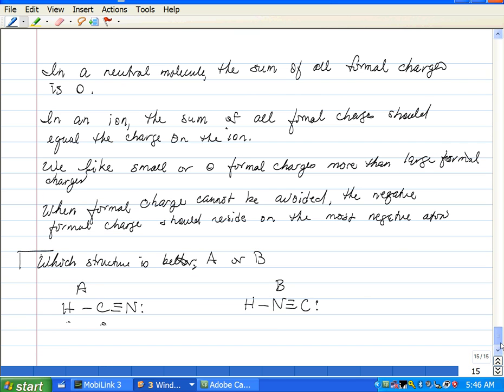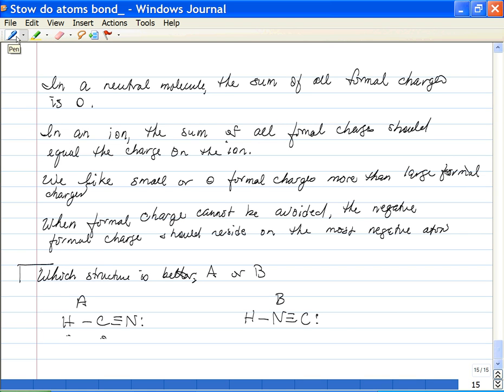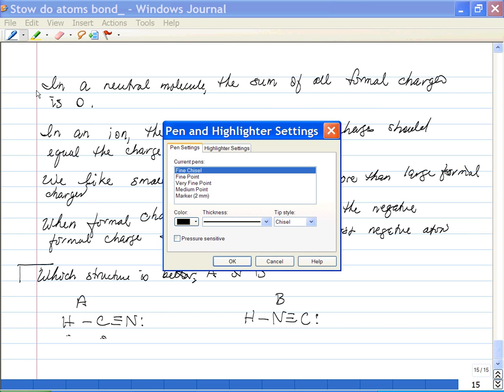Okay. So formal charge for hydrogen in this one: one valence electron, right? It has no non-bonding electrons.